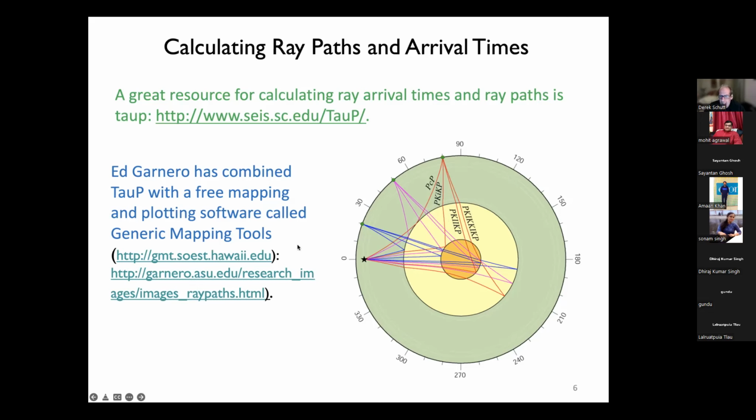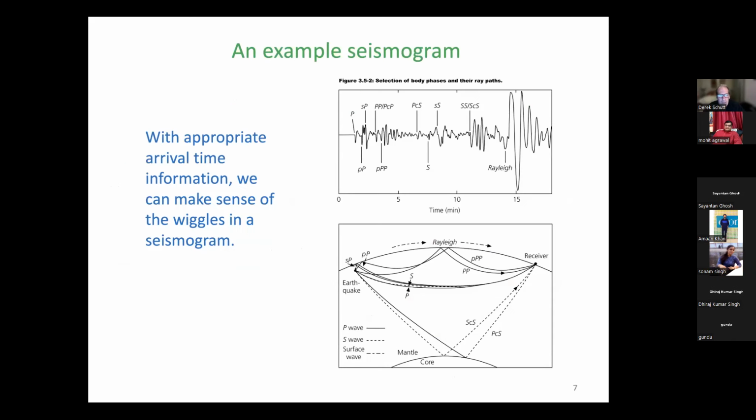He has combined TauP, shell scripts, and GMT to make these plots. Then with appropriate arrival time information, we can make sense of the wiggles on a seismogram. So we can know where the S wave comes in, and the little s, big S, for instance. So that is quite useful.